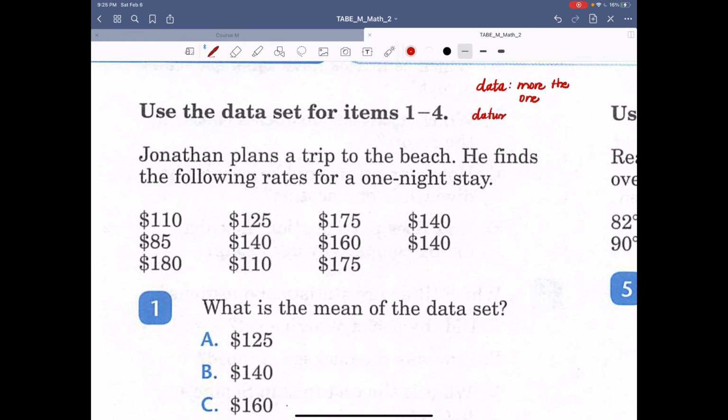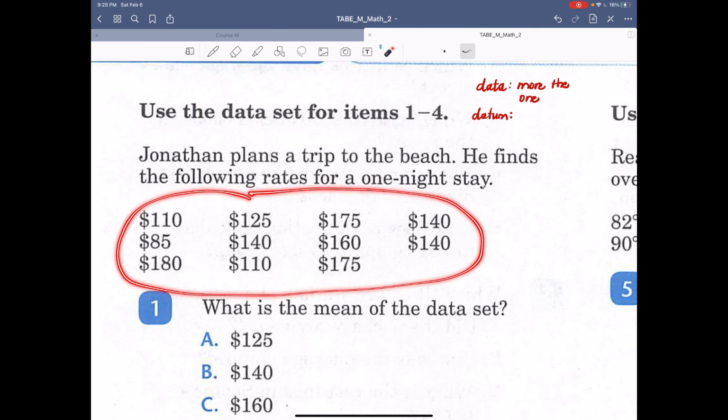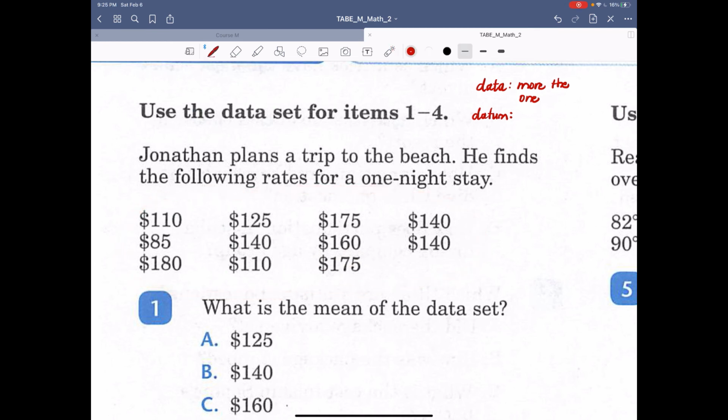If you're talking about just one, like this one, that is a datum. This is data, or data, you can pronounce it. So be careful with that. When you get to college, a lot of professors, I've had some that don't really care, and then I've had some who get really hung up on that. So just bear that in mind.